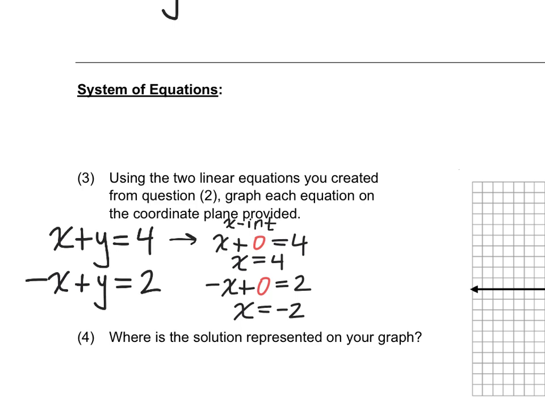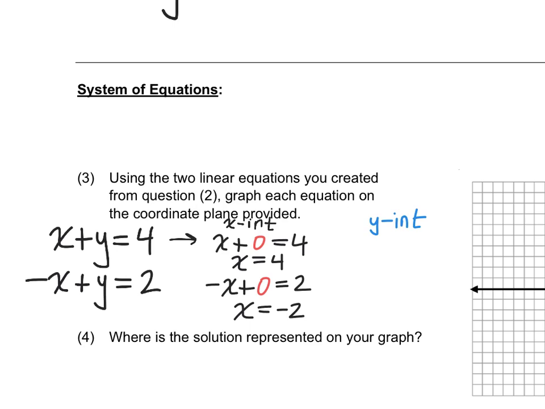We could also find the y-intercepts. Normally you'd have to put your equation in y equals mx plus b form in order to find the y-intercept, but if we use the same idea here, we can do it fairly quickly. If finding the x-intercept, we replace y with 0, what do you think we're going to do to find the y-intercept?